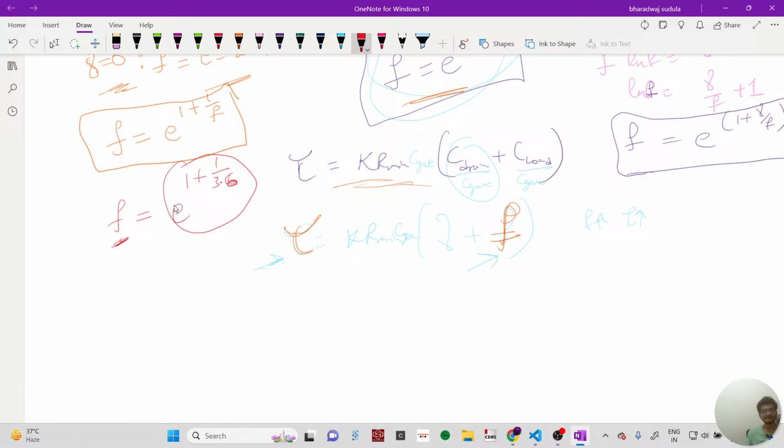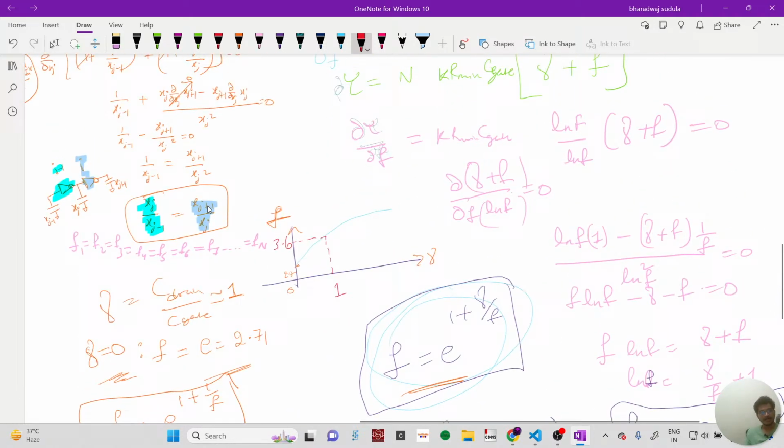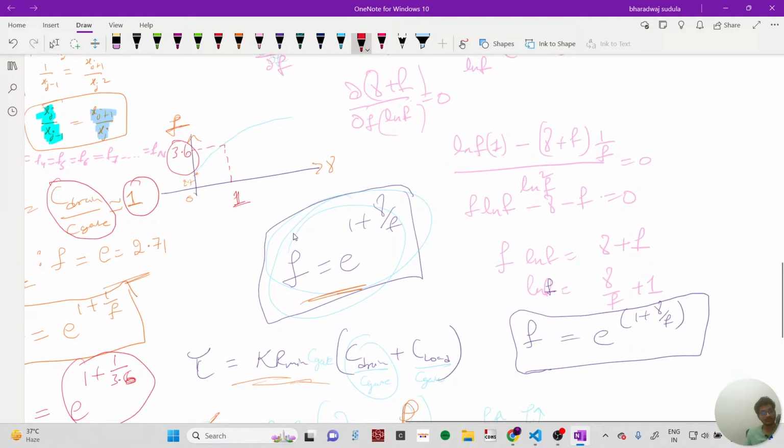So for gamma equals to 1, which is the standard thing, like diffusion drain capacitance and gate capacitance ratio is 1, approximately 1. So that is the standard thing. So at that gamma 1, you'll get f as 3.6, fan out 3.6.